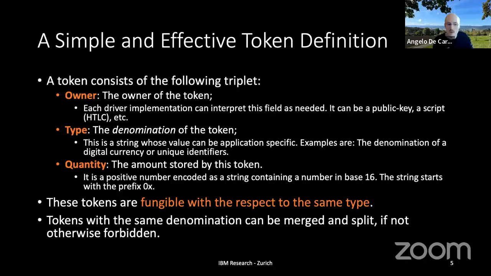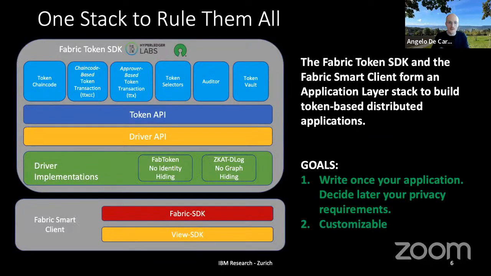This definition is general enough to model multiple types of tokens, but also simple enough for us to implement the zero knowledge proofs that are needed to deliver the privacy. So this is the stack of the token SDK.